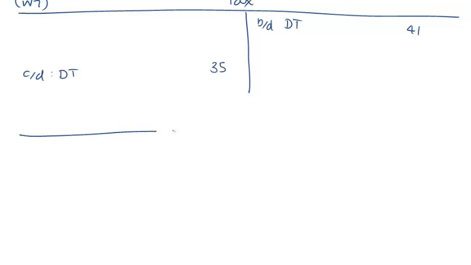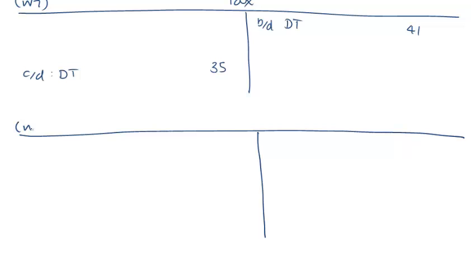Pensions are messy. There's a reference to one of the notes in the question. We have a net liability as far as the pension is concerned of 22 at the start of the year and 25 at the end of the year.